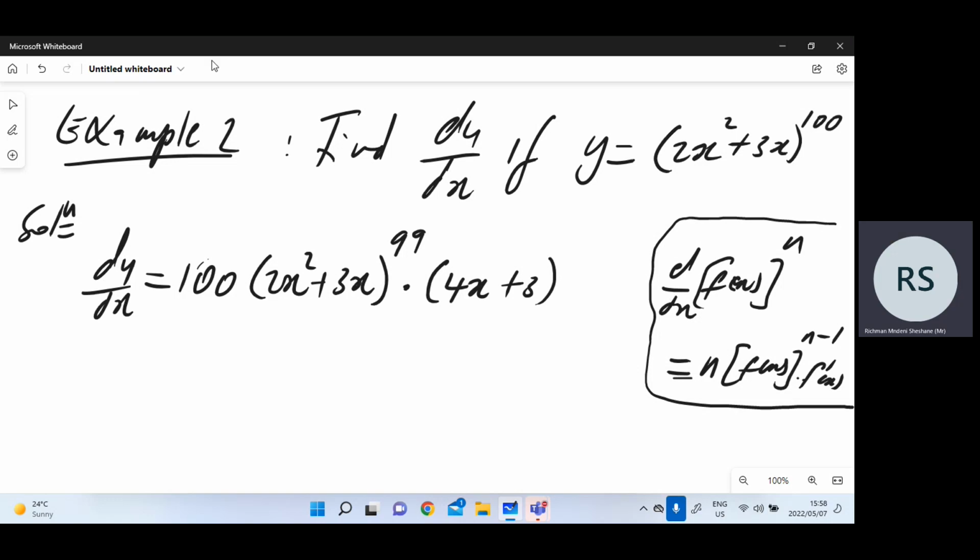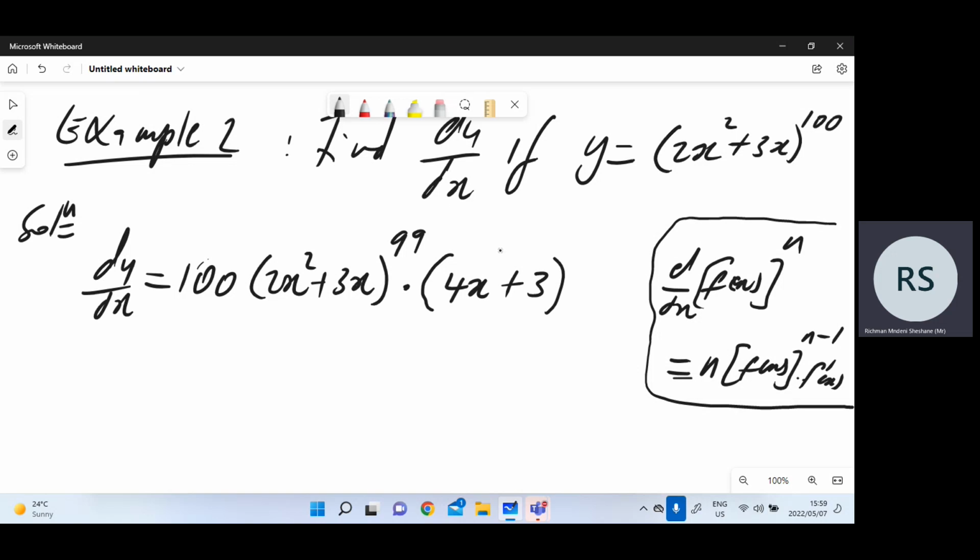And then again, let me tell you the importance of the bracket. Always when you multiply by a derivative f prime, you put brackets, because without brackets, this term looks like it's only multiplied to the first term, according to mathematics. By putting a bracket, I'm showing that the whole function, including the 3, is multiplying by this.